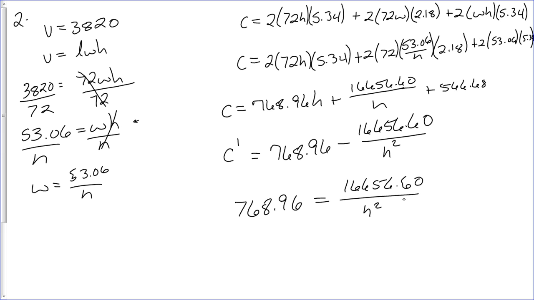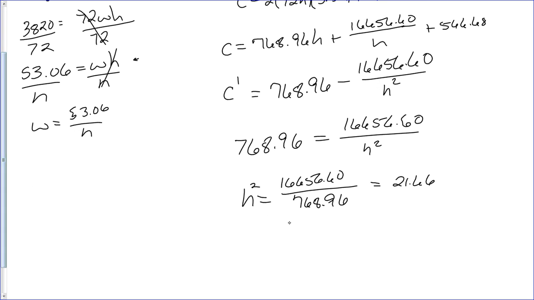Now, we're going to need to multiply both sides by H squared and then divide both sides by the 768.96 in order to get H squared by itself. So H squared is going to end up equaling the ridiculous number divided by 768.96. Now this ridiculous number here comes out to be about 21.66.